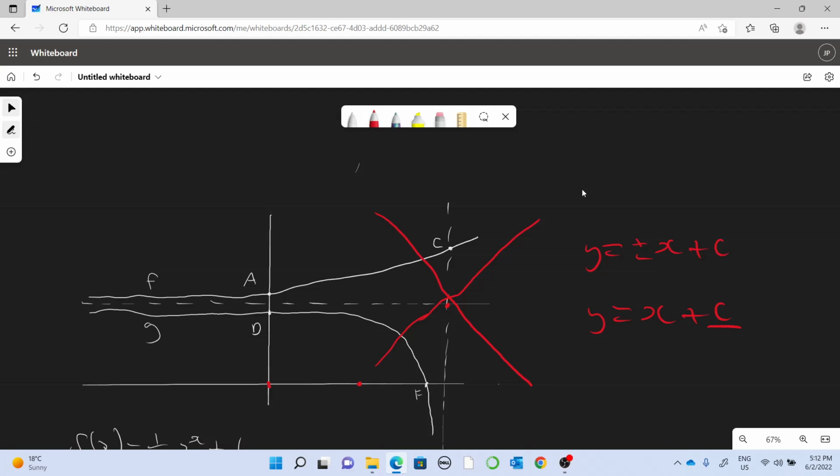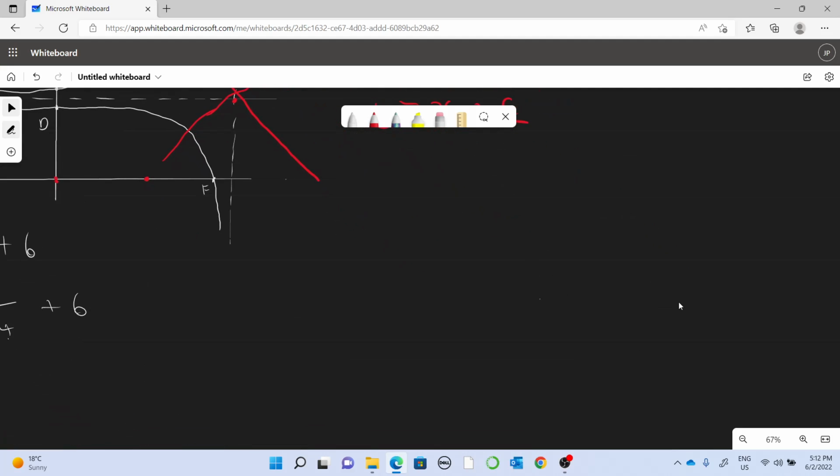If we look at the standard format for a hyperbola, let's quickly draw a simple graph. The standard form is like this, and then you also get the other quadrants. Usually the asymptotes are the x and y axes, and your axes of symmetry pass through that origin.